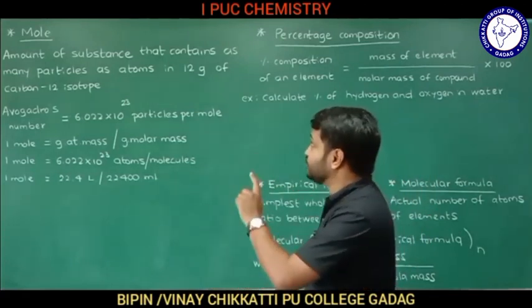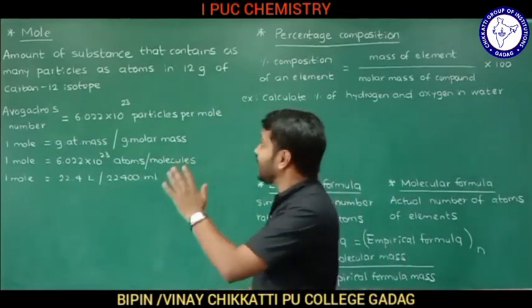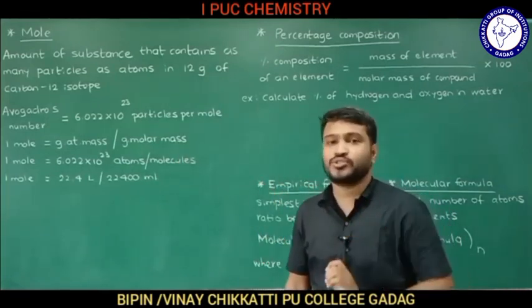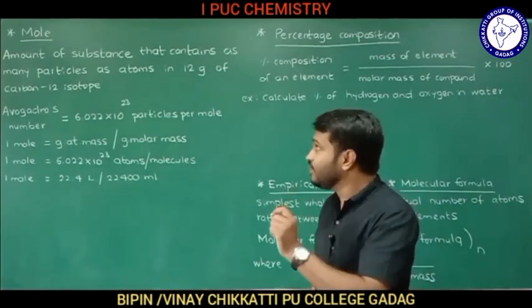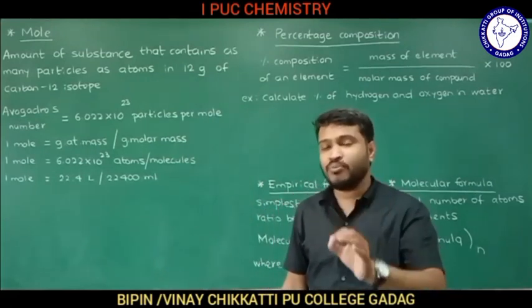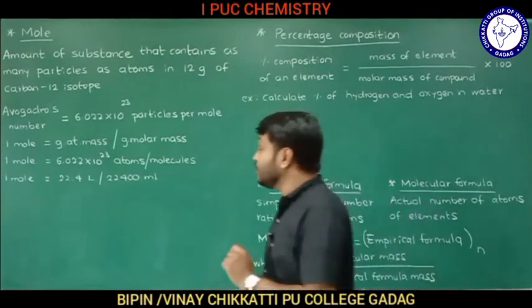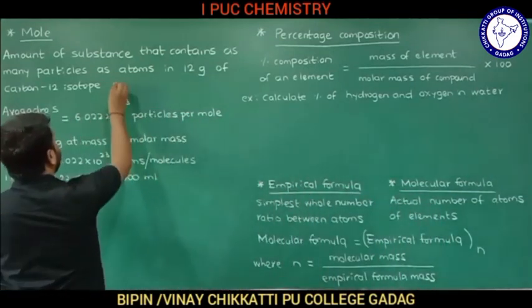The amount of substance that contains as many particles as the atoms in 12 grams of carbon 12 isotope. So that measurement indicates the meaning of mole, that is nothing but the amount of matter present in a substance.